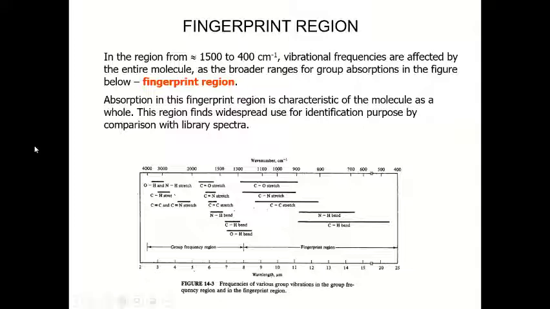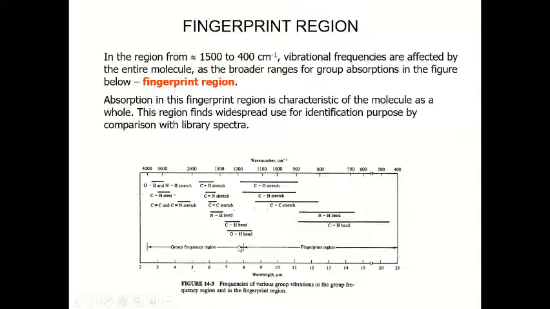In this zone, in the higher frequency, we will generally find broad signals that are due to OH, NH, CH stretch. Also, we will find C triple bond C and C triple bond N stretch, which are going to be much less intense than the previous ones.